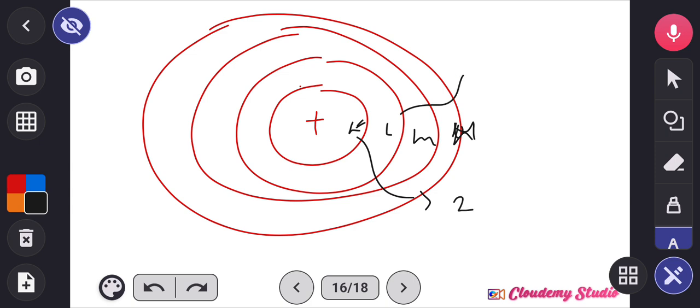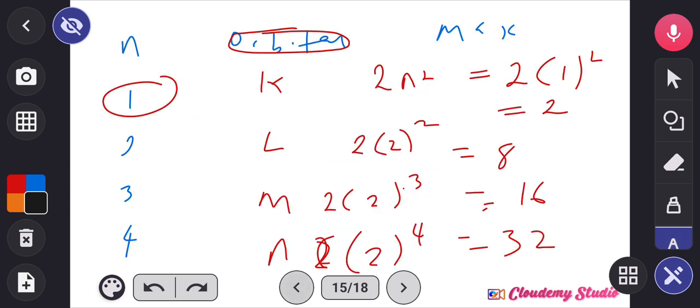For this L shell, it is 8. For this M it is 16, and for this N it is 32, right? Sorry, this one should be 18 instead. I think I made a mistake with the calculation. 18. Pardon me. Let me see where I made the mistake.